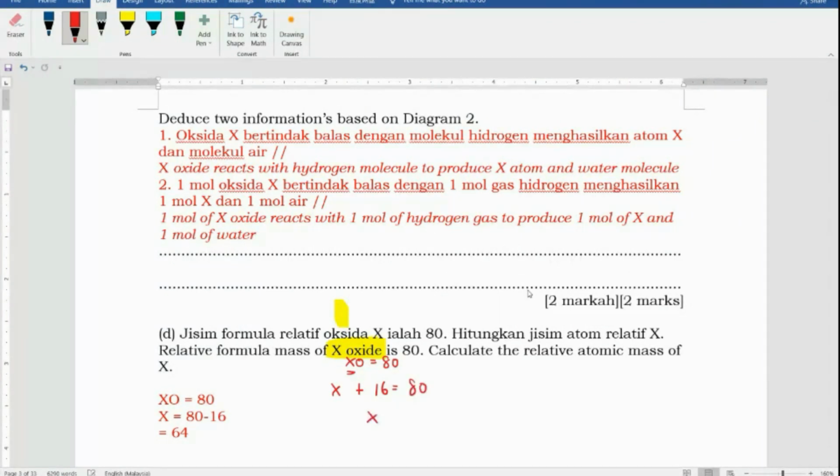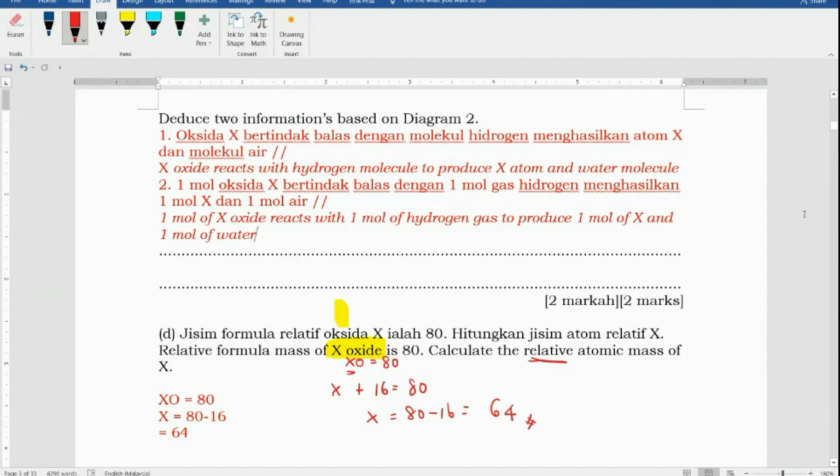So what is X? 80 minus 16, so you get 64. For the relative atomic mass, it is relative, so no unit, no need to put in gram.